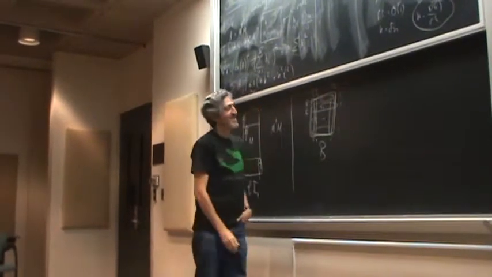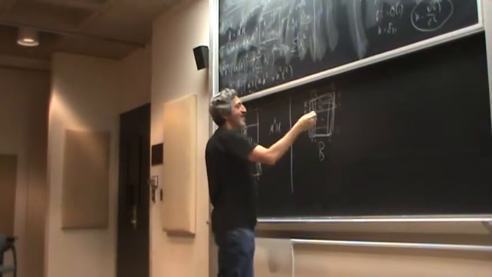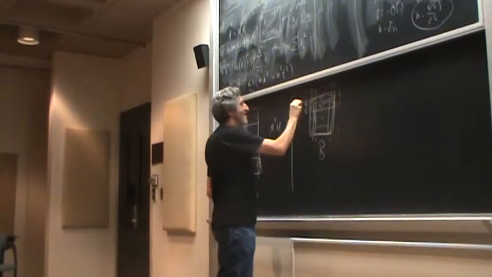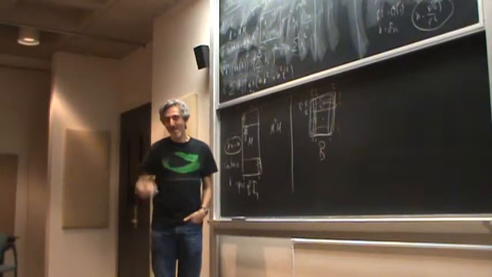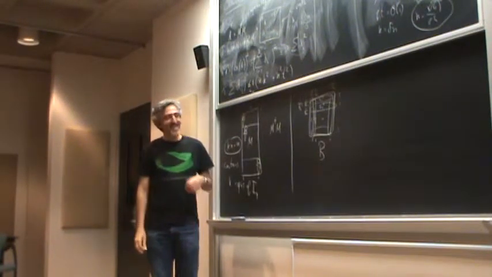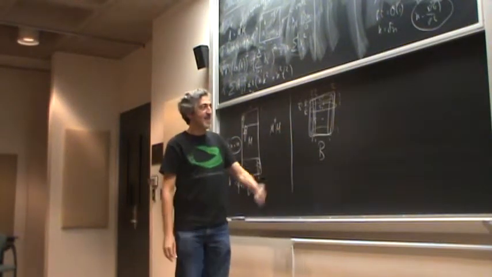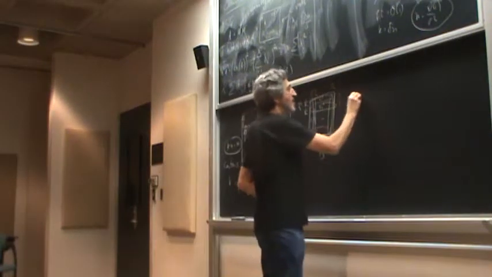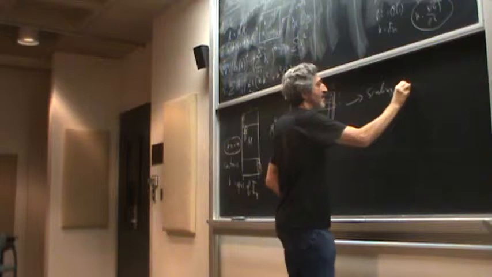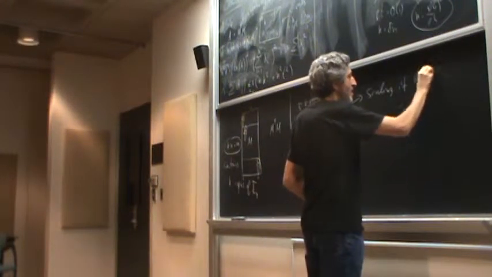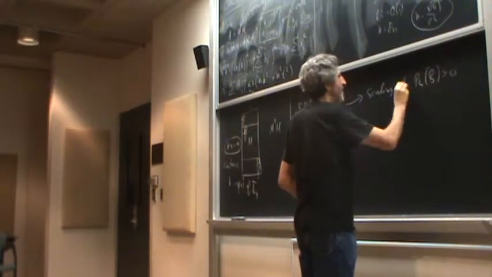Now the row sums are some S prime, so you keep doing it many times. Just do it. And the claim is that this thing converges to a scaling if the permanent is positive. In fact, it's if and only if.